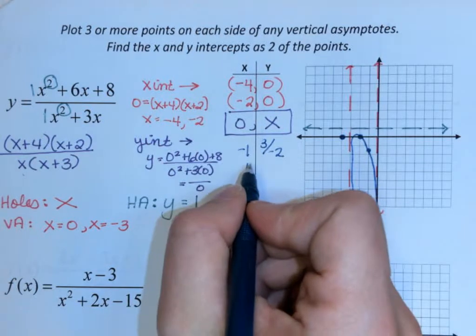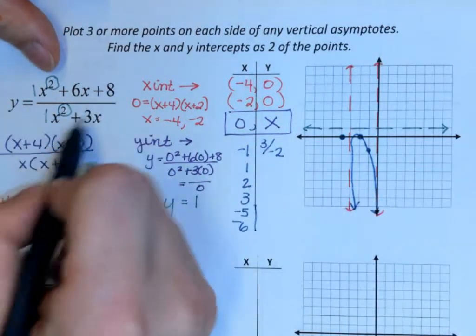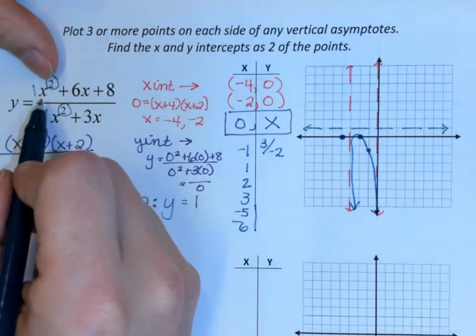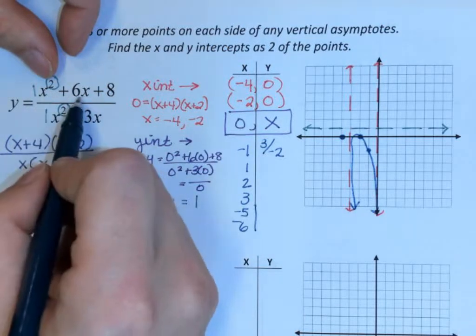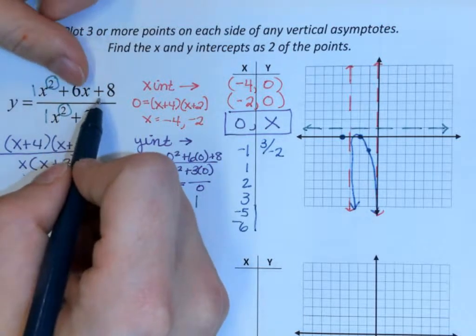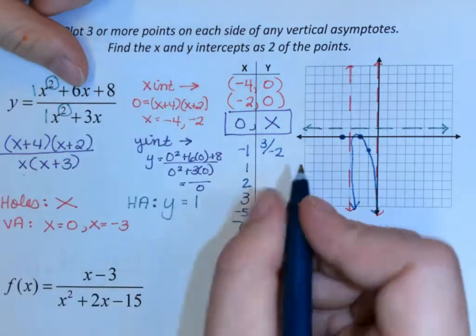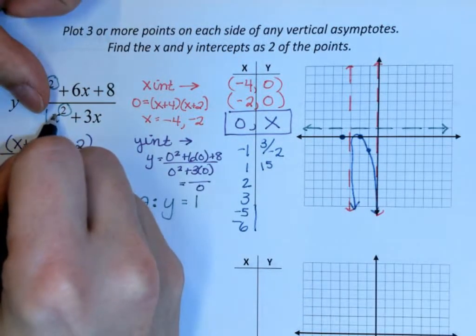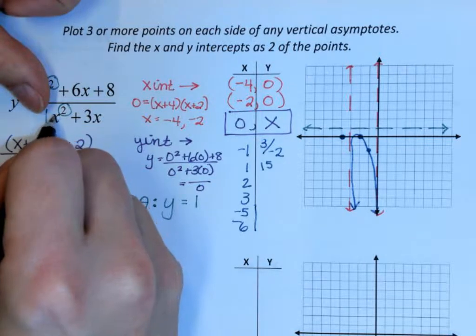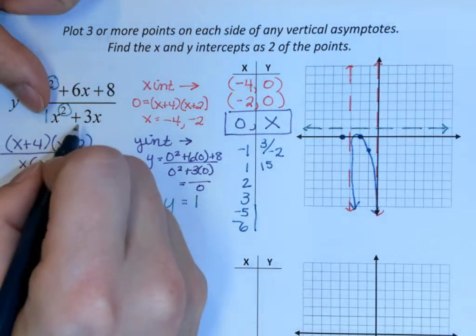When I plug in 1, 1's an easy number to plug into this stuff, so I'm going to do it here. What's 1 squared? 1. 6 times 1? So 1 plus 6 plus 8? 15. 1 squared? 1 plus 3 times 1?